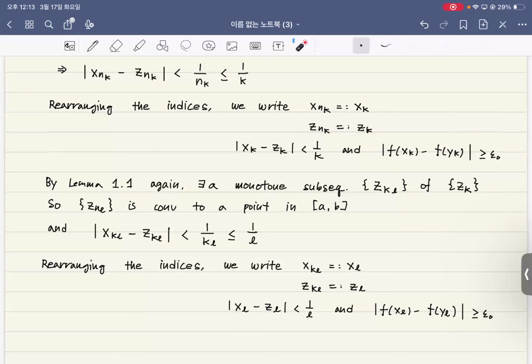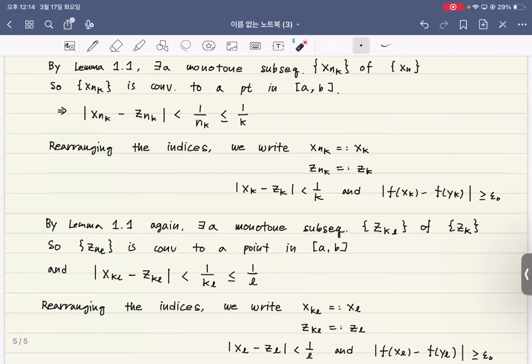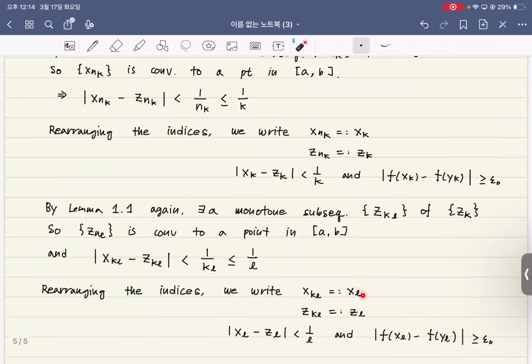Okay. So I need to emphasize that this subsequence xl is a subsequence of a subsequence, but since that sequence was known to be converging to a point, this subsequence of any converging sequence should also be converging to the same number, right? So this is a converging sequence, and this is another converging sequence. So we were able to derive converging subsequences from the original sequences.